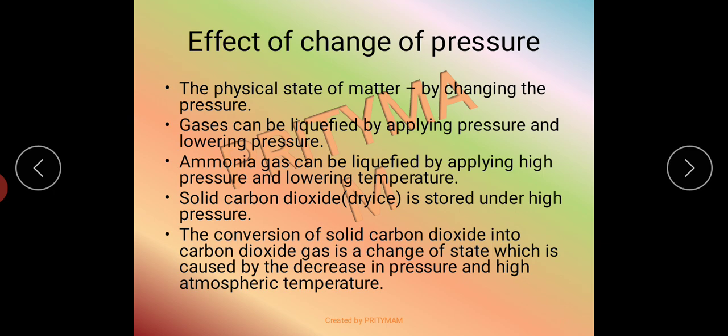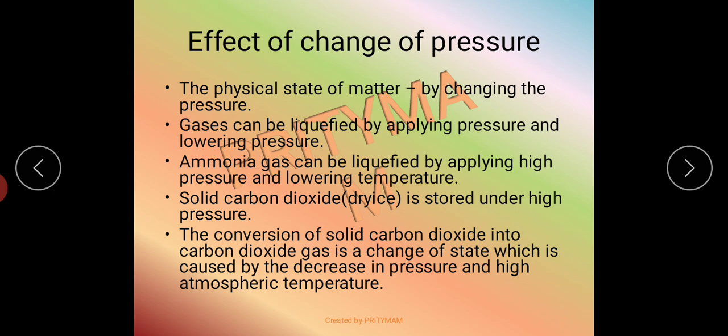A gas must be lowered below a certain temperature before liquefaction by pressure. Cooling is usually done by pouring water over the coils carrying the compressed gases, and ammonia gas can be liquefied by applying high pressure and lowering the temperature.